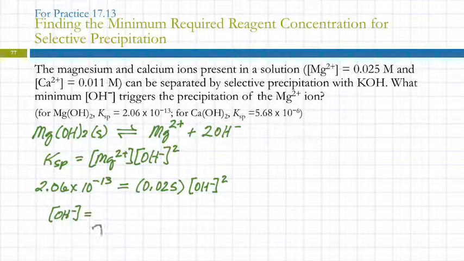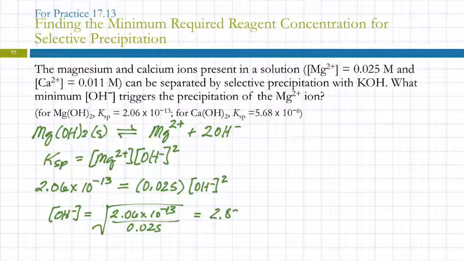So the hydroxide ion concentration is going to be the square root of 2.06 times 10 to the minus 13 divided by 0.025. I'm getting 2.87 times 10 to the minus 6 molar.